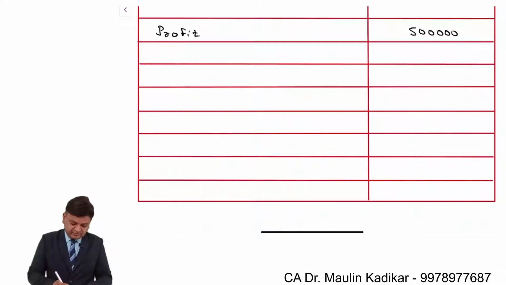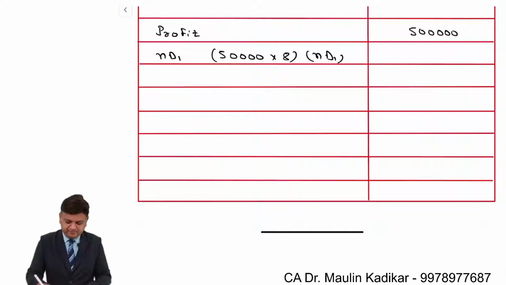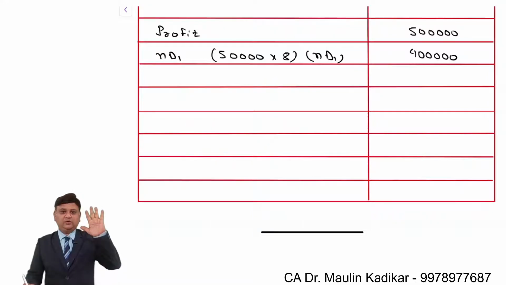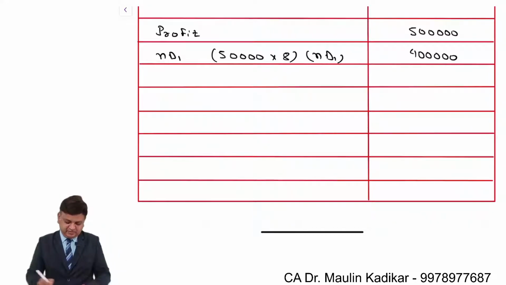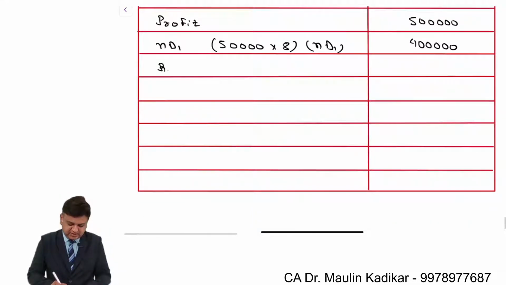Next is the payment of equity dividend, that is ND1. What is the number of shares? 50,000. What is the dividend per share? It is 8. That is ND1. So that comes to 4 lakhs. So out of 5, 4 is paid in form of dividend. So there is a retained earning of an amount of rupees 1 lakh.